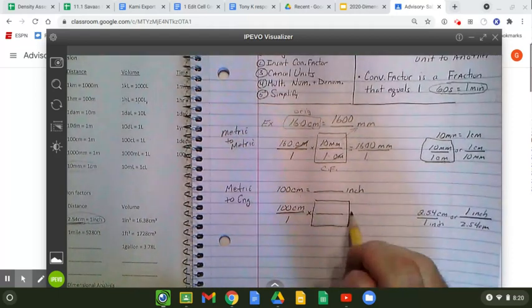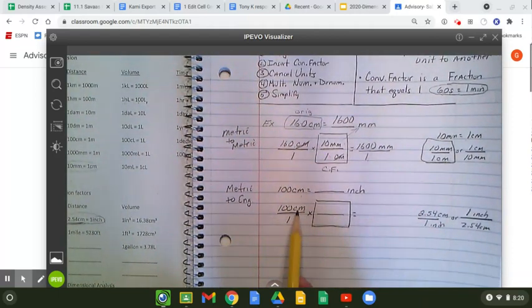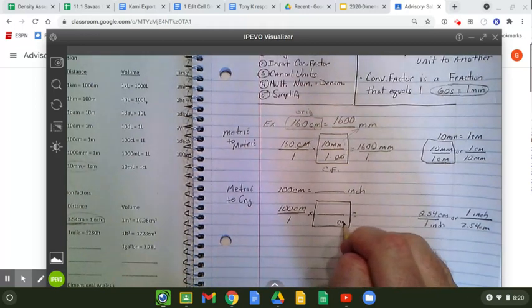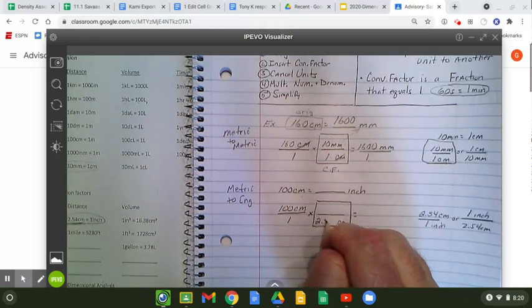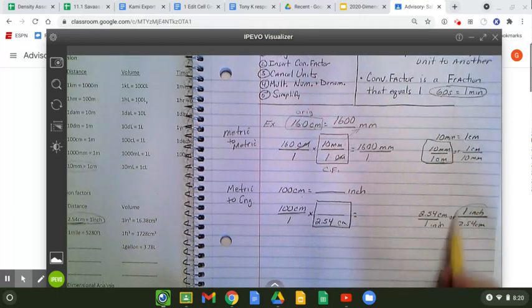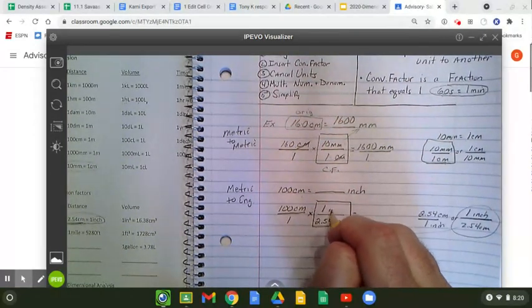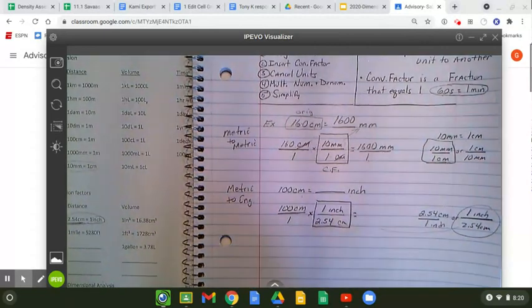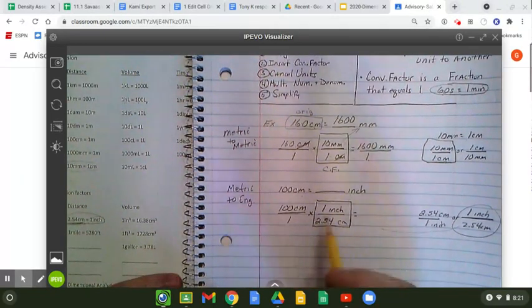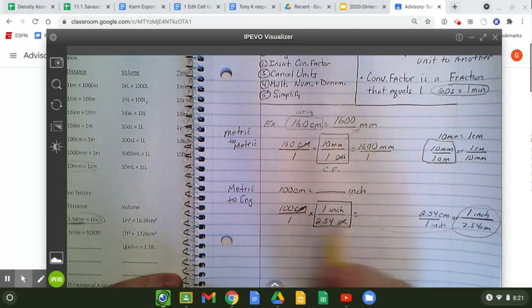So I have to figure out which way I want to use it. Since the centimeters is up top, the centimeters is going to be below. So 2.54 centimeters goes on the bottom, 1 inch goes on the top. Now I can cancel out my centimeters, step 3.